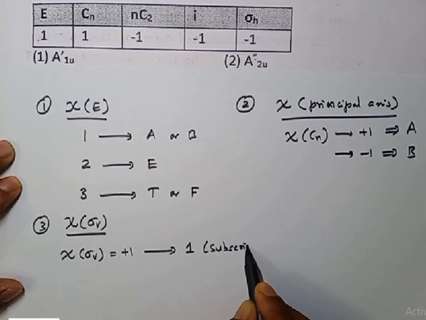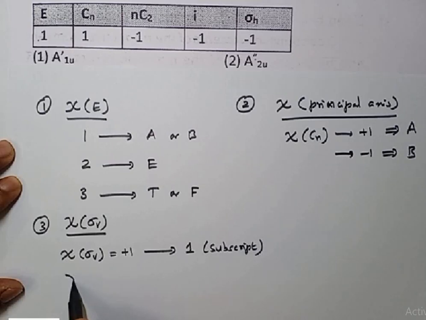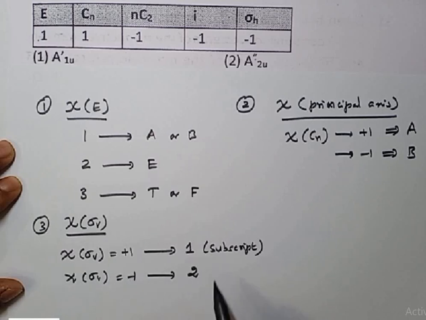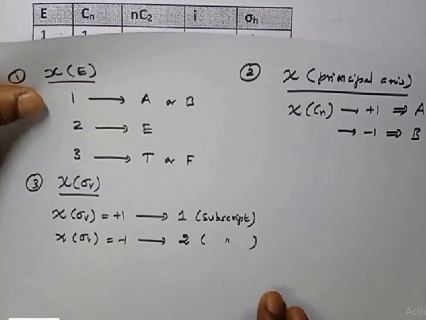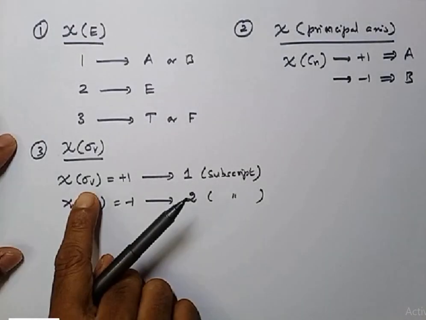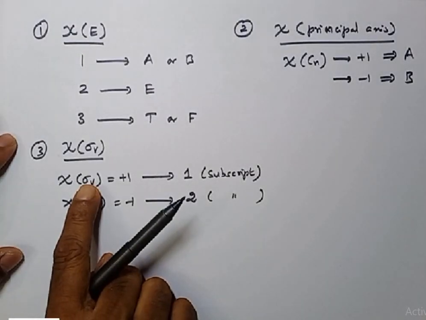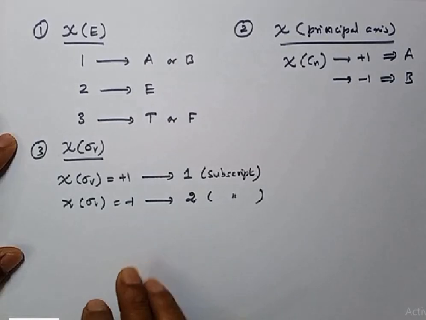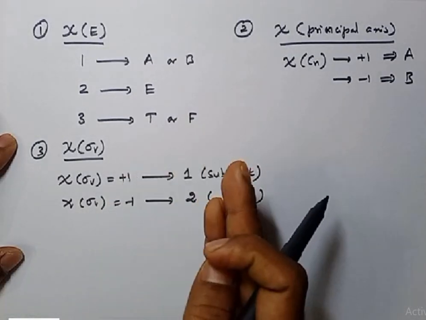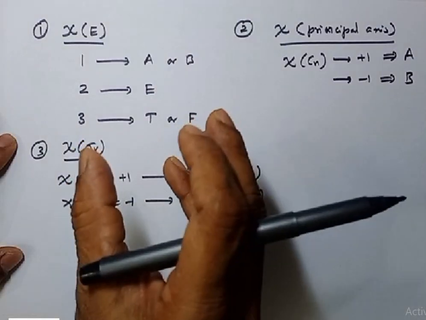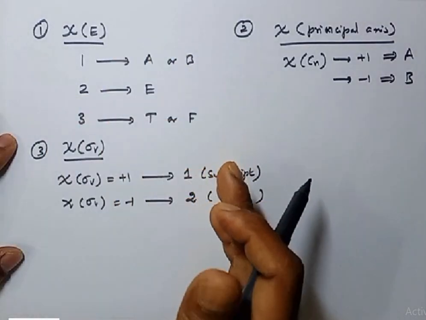If the character of sigma v is -1, then give subscript 2. Observe carefully. If the character of the reflection operation about the vertical plane is +1, then you put number 1 on the right hand side of the symbol, but in subscript.